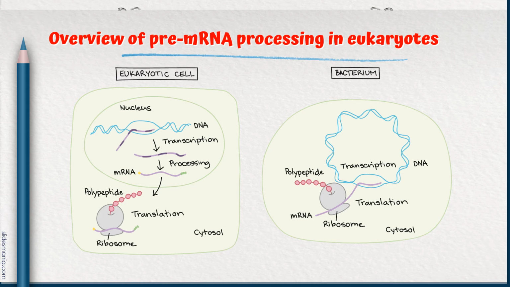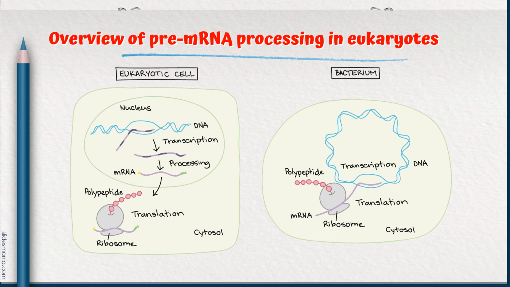While in the bacterium, the DNA takes the form of a circular chromosome and is located in the cytosol.